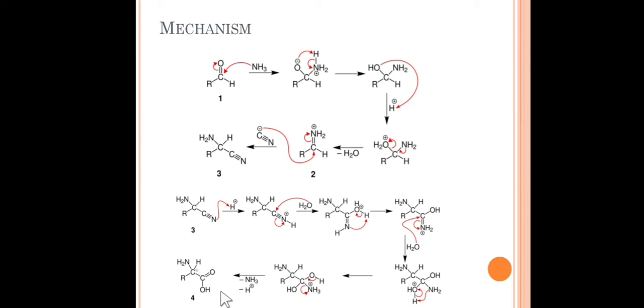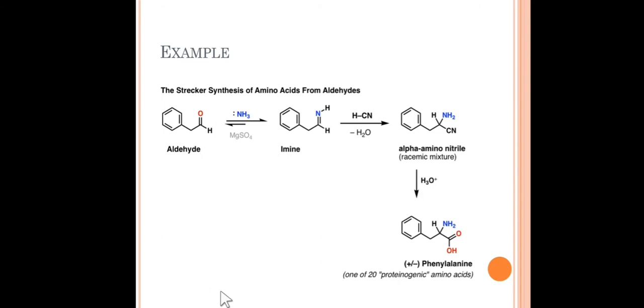So friends, let's see one example, so you can easily understand what is meant by Strecker amino acid synthesis. In this case we are using ammonia and CN as our main reagents. We are not using ammonia as such or CN as such. This is a mixture of potassium cyanide and ammonium chloride. Ammonium chloride in presence of potassium cyanide will give us first ammonia, which will convert this aldehyde into imine, and this imine is attacked by the very good nucleophile, CN minus, and we get the alpha amino nitrile.